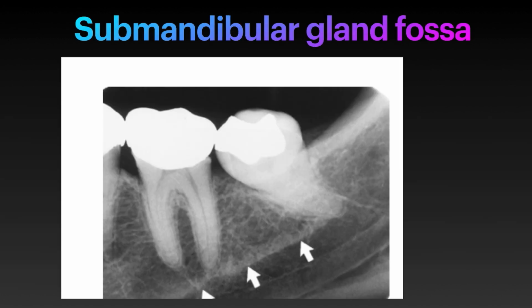Submandibular fossa. It's a scooped out depressed area of the bone located on the internal surface of the mandible inferior to the mylohyoid line. It houses the submandibular salivary gland. On the radiograph, it appears as a radiolucent area in the molar region below the mylohyoid ridge.